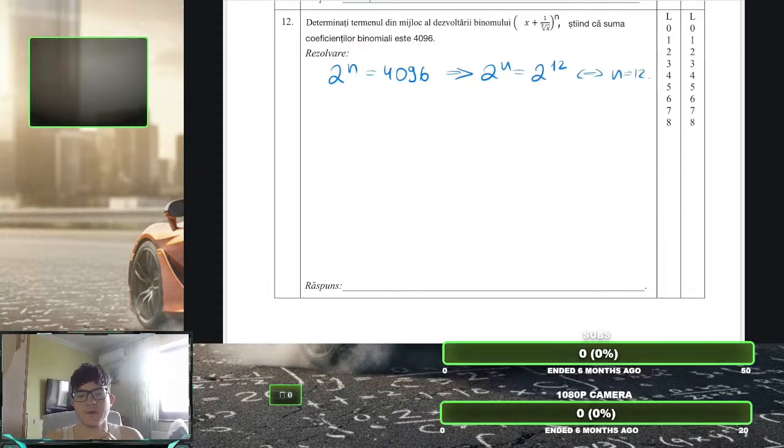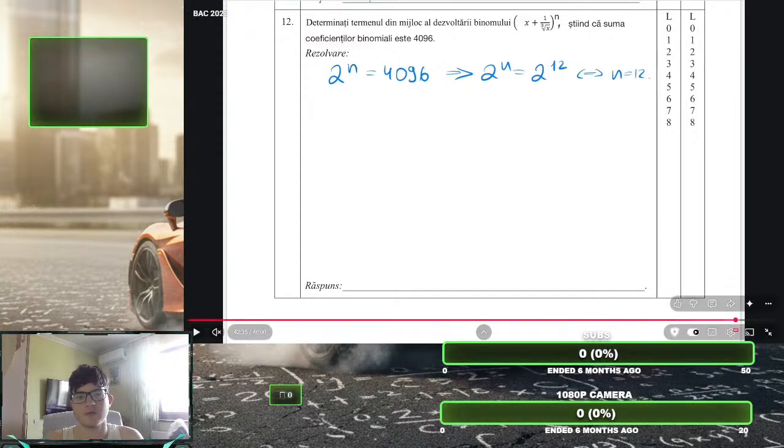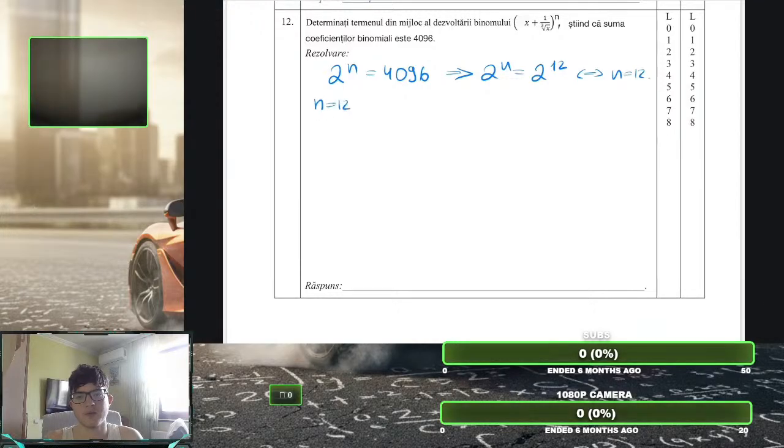Here it's a bit different. Essentially, you just have to find the term in the middle, so you divide n by 2 and add 1, to find the term in the middle, right? So it's going to be 7. So k is 7, as far as I understand. And then you have everything, you just calculate it.